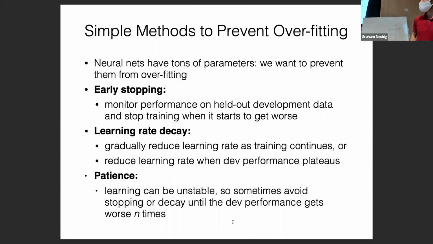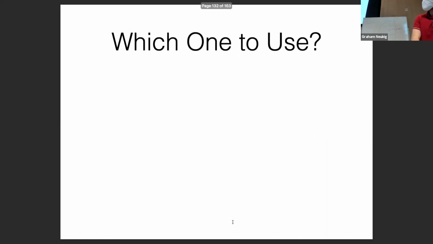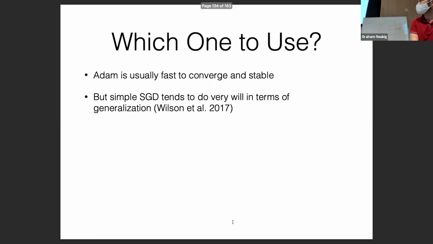Okay, so the next question is which optimizer should we use? Adam is usually fast to converge and stable, so I would recommend it as your default. However, in both my experience and some reports, SGD has been found to do very well in terms of generalization.